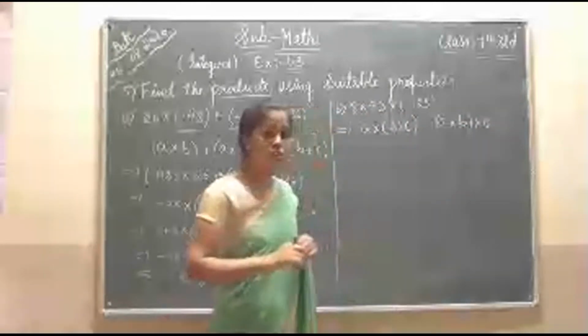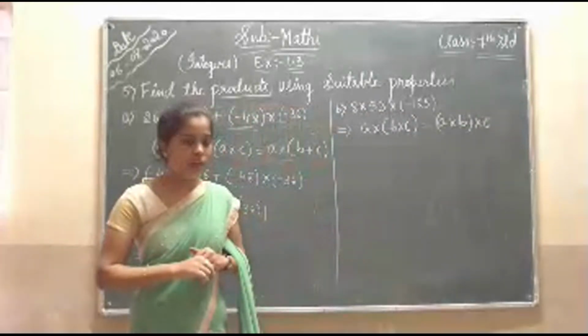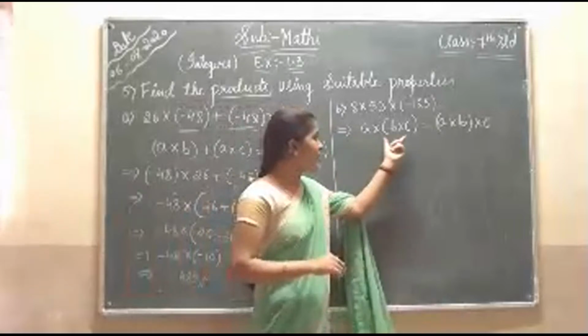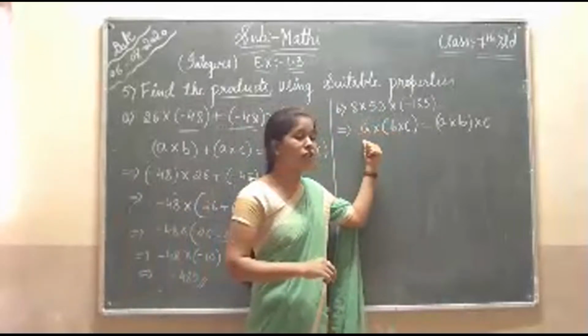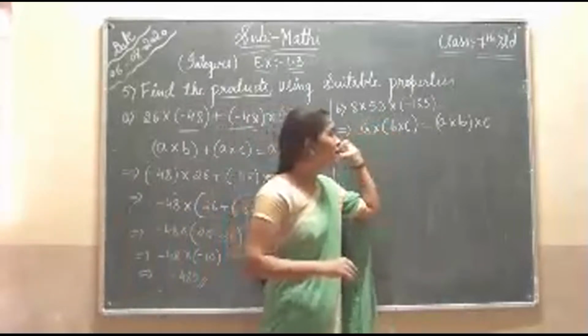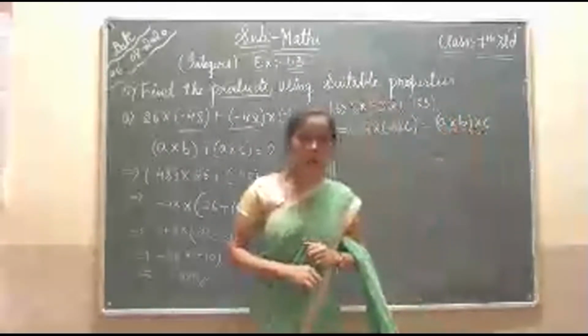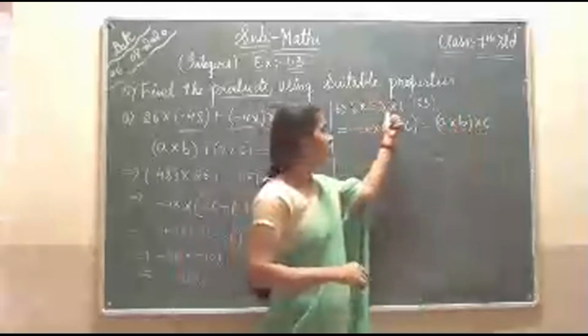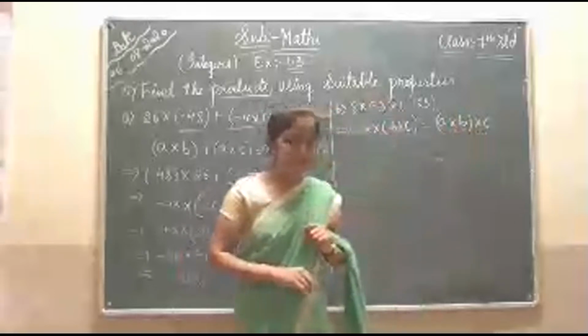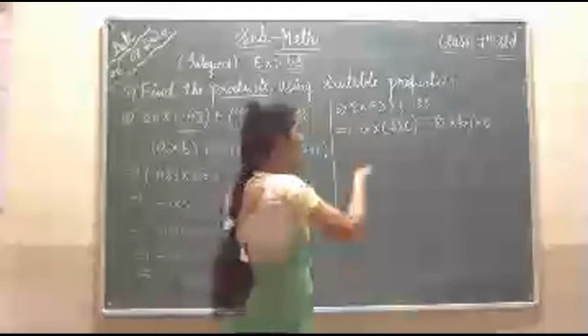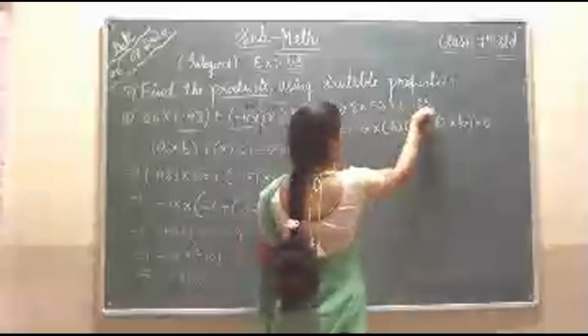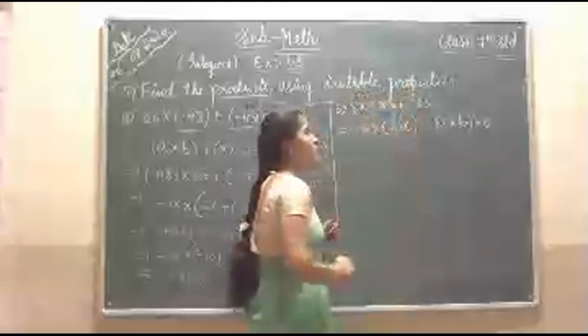This is associative property under multiplication. Okay. If we multiply these two numbers, after that we should multiply this, or first multiply these, after that this. This is associative property. Three integers also in multiplication. So multiply these two first or these two first, or 8 into 125.